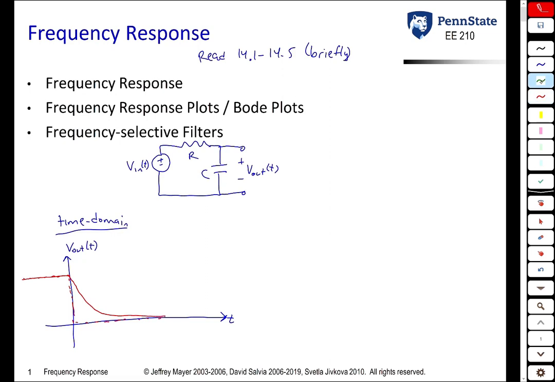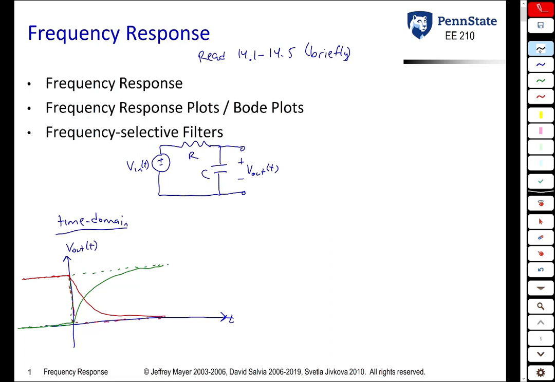Or maybe you have a situation where the input is a unit step function turning on at time 0. If that was your input, we saw that the output voltage would start at 0 and it would start rising exponentially and eventually get up to a set value.